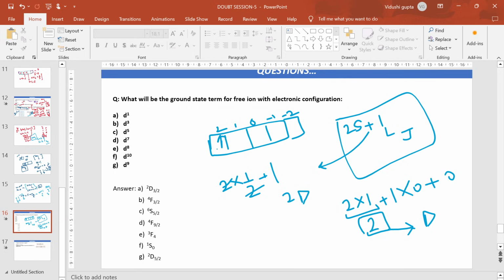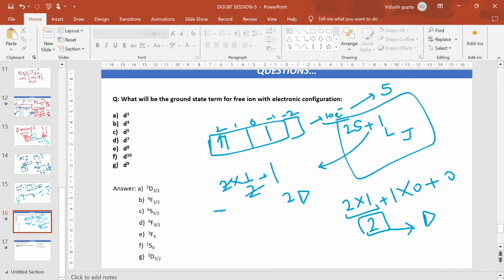D can accommodate 10 electrons in total, 2 in each orbital, so half is 5. But here it is only 1, so it is less than half filled.